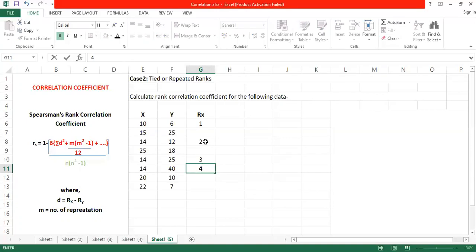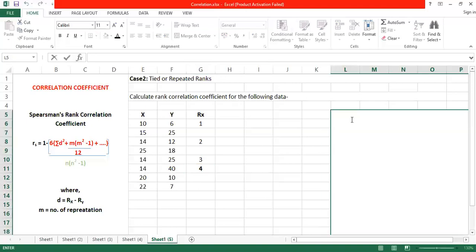So I'm writing over here the rank of 14. First we have mentioned 2 plus 3 plus 4, and how many ranks? 3 ranks, so divided by 3. That means 2 plus 3, 5, 5 plus 4, 9, 9 divided by 3 is 3.